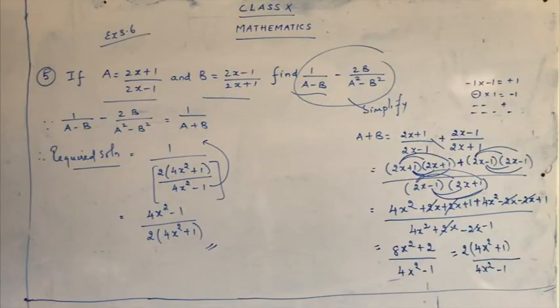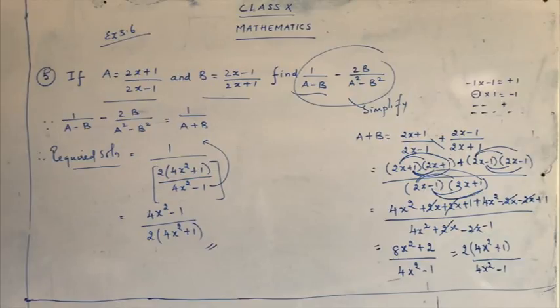If a is equal to x upon x plus 1, b is equal to 1 upon x plus 1, prove that a plus b the whole square plus a minus b the whole square upon a divided by b is equal to 2 into x square plus 1 upon x into x plus 1 the whole square.